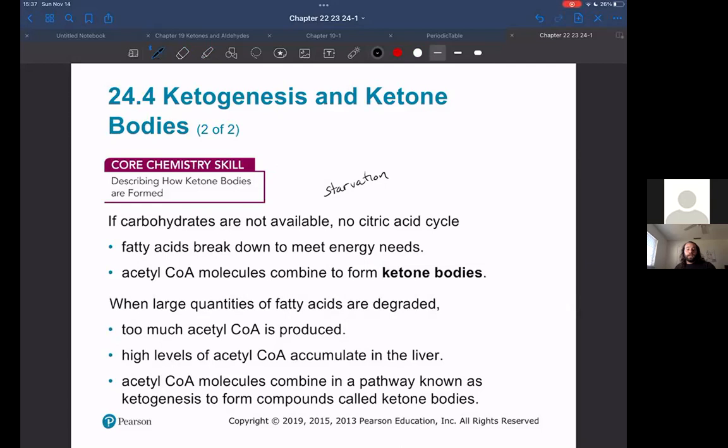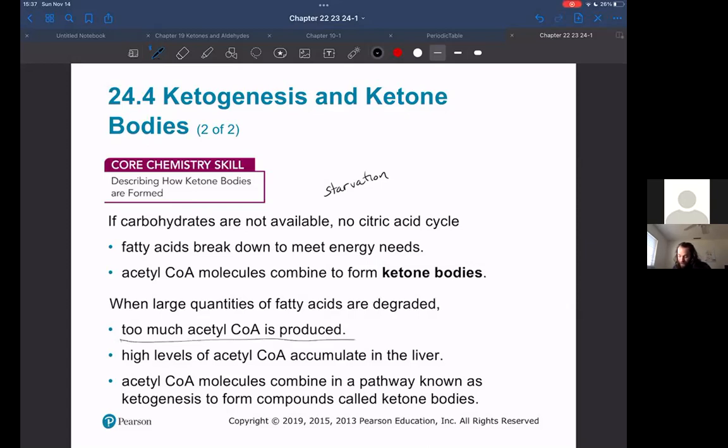So what happens is that the cell goes through what's called ketogenesis. Okay, your acetyl-CoA is going to start to accumulate because it can't go through the citric acid cycle. So too much acetyl-CoA is being produced.